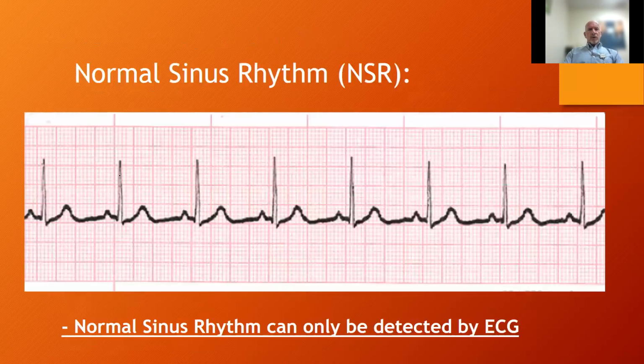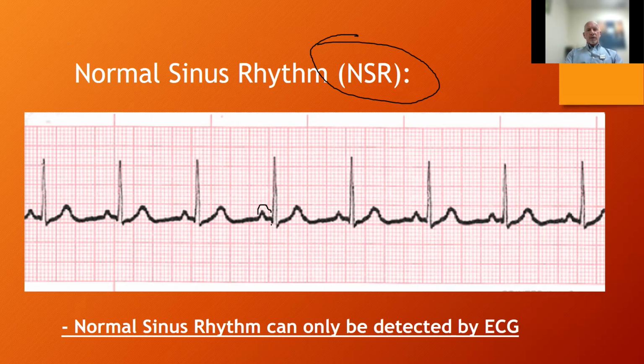So this is a normal sinus rhythm strip. NSR, normal sinus rhythm. You will see that here is a normal PR interval right here. And I don't remember exactly what the number is, but you can count the little boxes. It looks like it's about 3 or 4 times the 0.6 milliseconds.